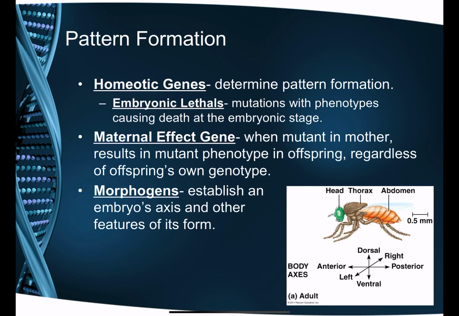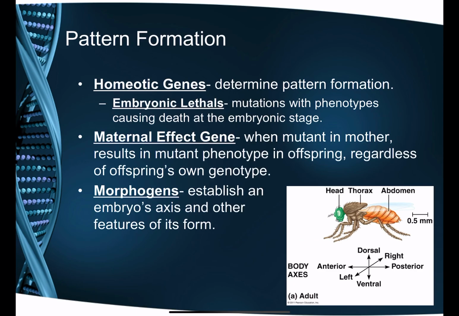Like in a lot of insects, you have an egg stage, then an embryo stage, and then a larval stage, like a tadpole that goes into a frog. You have the egg, then the larval stage, which is the tadpole, and then the frog stage. Those types of pattern formation are controlled by a special type of gene called a homeotic gene.